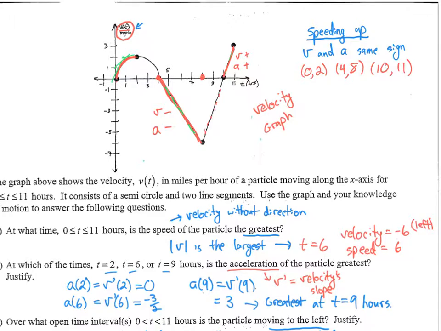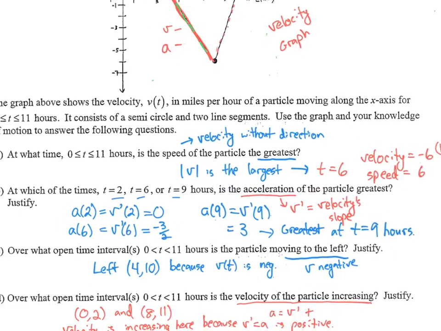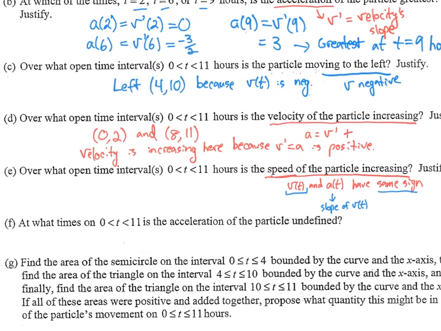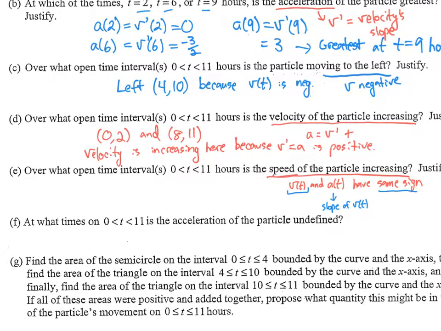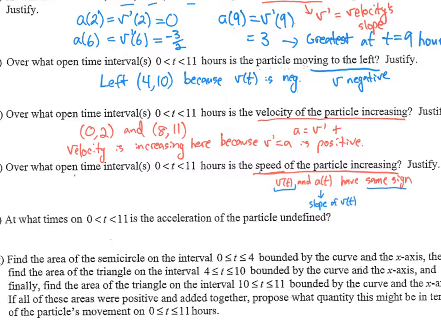All right, so those are our 3 intervals: 0 to 2, 4 to 8, and 10 to 11. And again, this is because, and this oftentimes is the most important part of writing these, I want you to be able to communicate effectively what the reason for your answer is.